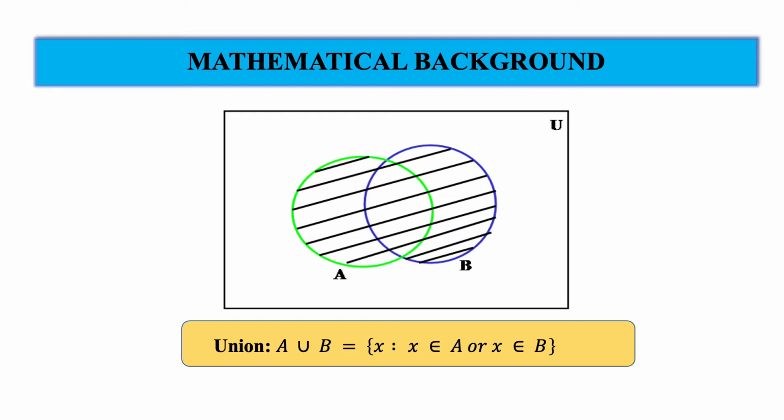A union B is basically the set of all the elements which either belong to A or belong to B. So the shaded region here tells us that this is the union of the two sets A and B.